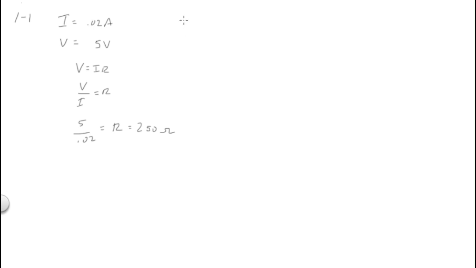So number 2, for the load, find the resistance. I have an I of 3 microamps. Micro is what? 10 to the minus 6th, right? And V is 12 volts.